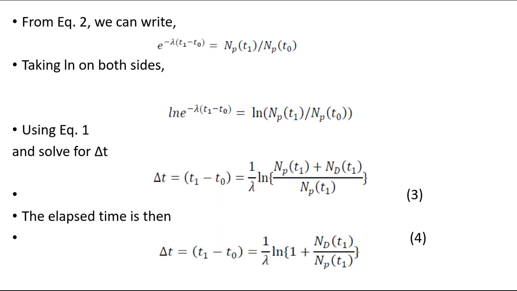So if we know the number of daughter nuclei at time t1 and the number of parent nuclei at time t1, or their ratio, and the integration constant by experiment, we can find the age of the sample.